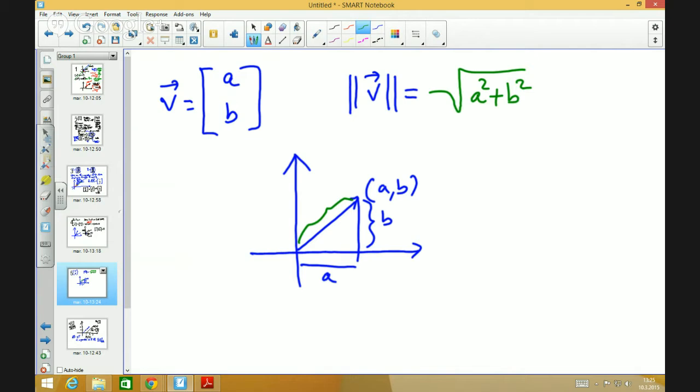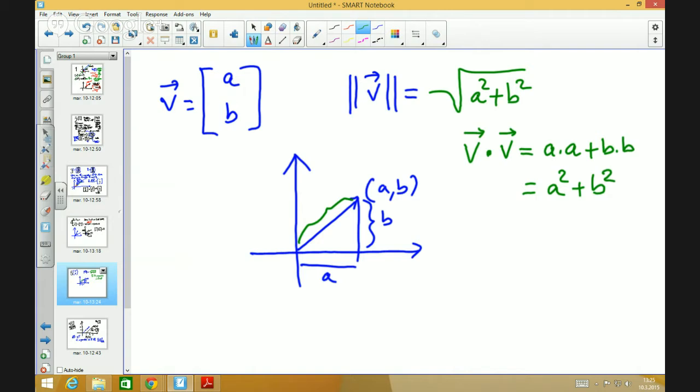Now, how is this related to the dot product? Well, if I take the dot product of V with itself, what is this? That's A times A plus B times B, which is nothing but A squared plus B squared.